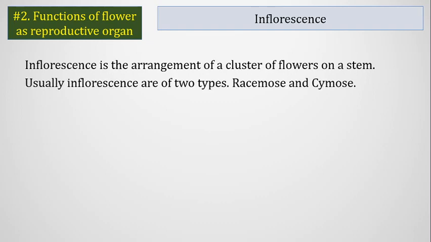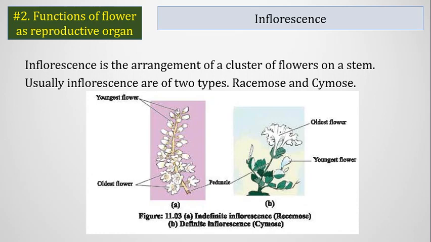So this inflorescence pattern or style may be of two types. One is racemose and the second one is cymose. Now in your book you have a figure. The left one is called racemose inflorescence, also called indefinite inflorescence, because the growth of this flower stalk is not definite.